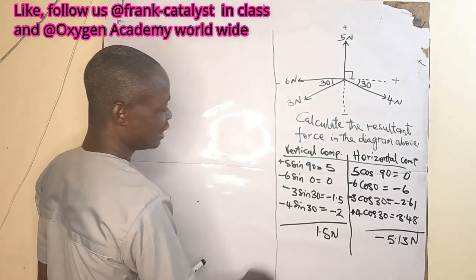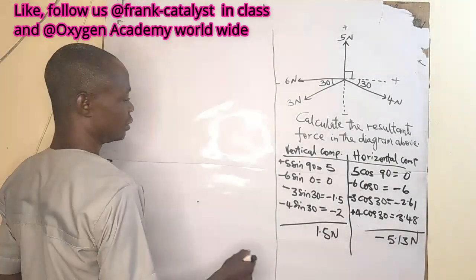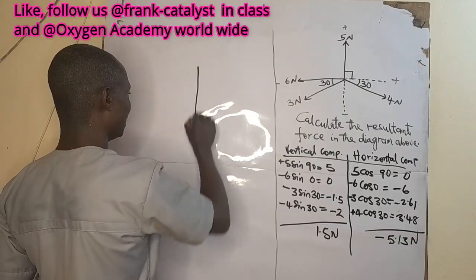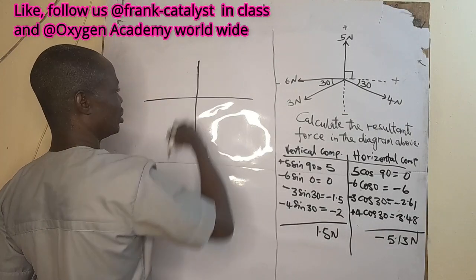So now to draw the diagram, we can see that the vertical component is positive and the horizontal component is negative. Let's see how we are going to draw it so that we won't have issues.